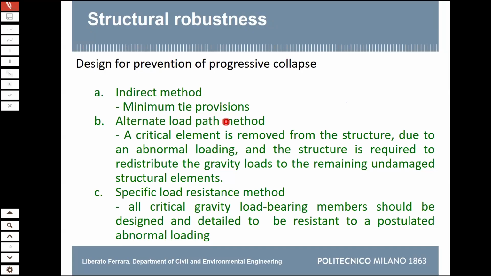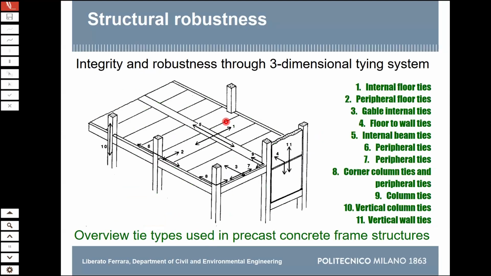So we remove one critical element from the structure, and we design for the loads to take an alternate path, or we perform a more refined analysis where we remove the elements one by one in combination, but this requires also some kind of automatic and statistical processing.